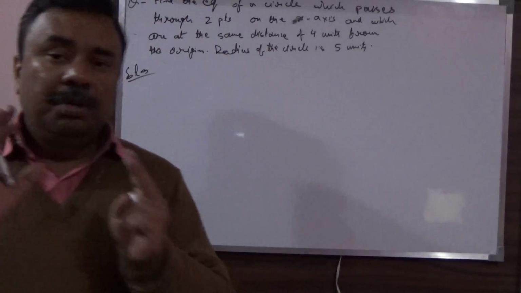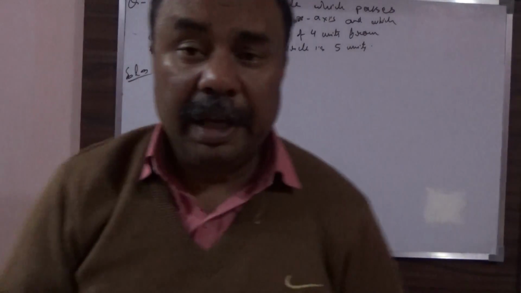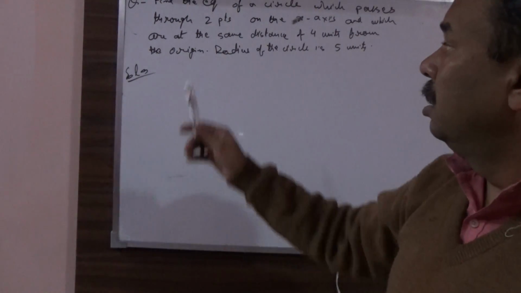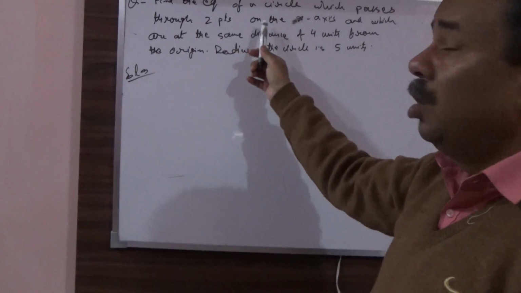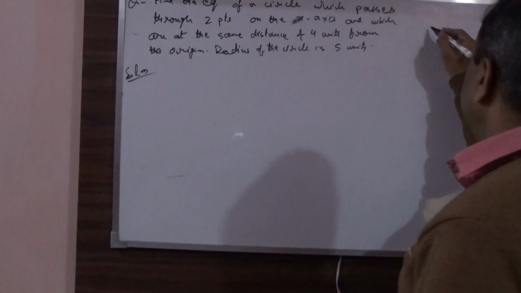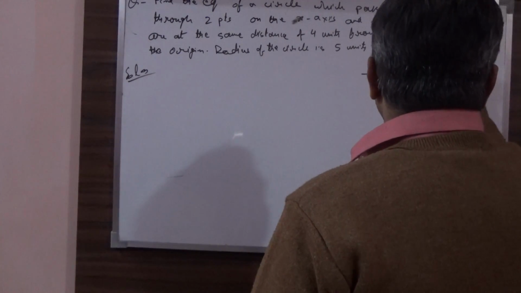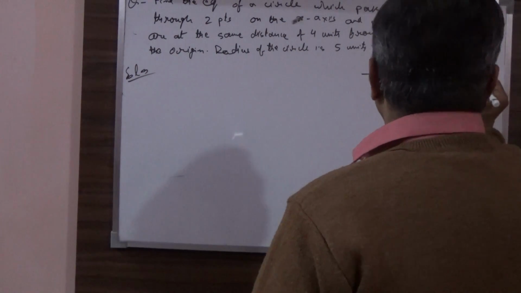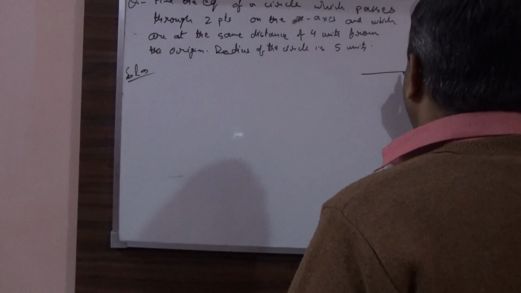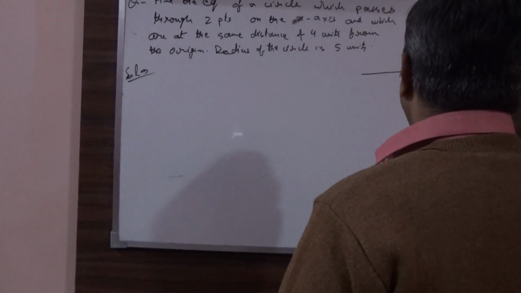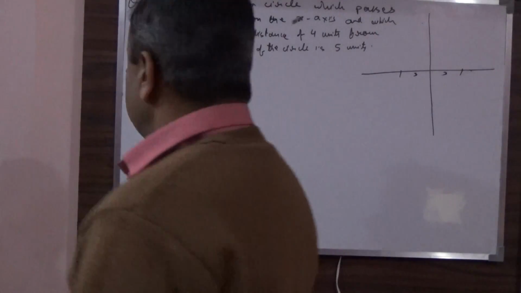Now just try to understand this question. The question is saying that the circle is passing through 2 points on the x-axis, that means if this is the circle, it is like this, and those 2 points are at the same distance from the origin.